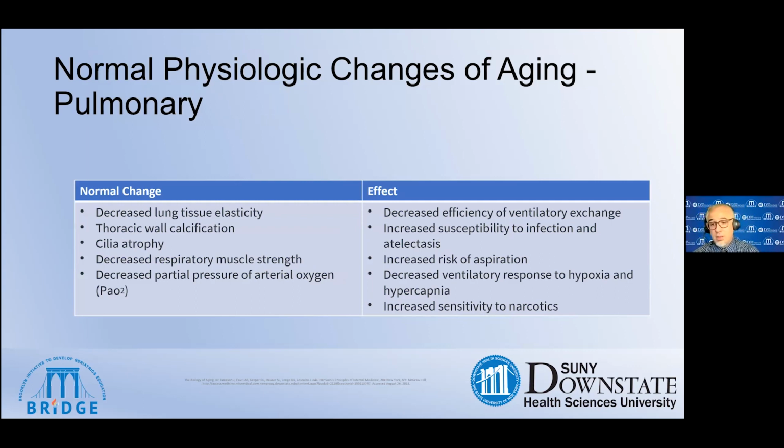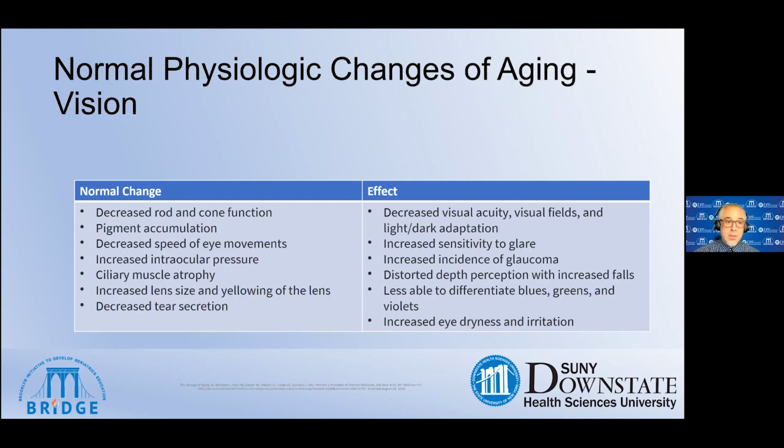We saw this in particular this past 18 months or so, heartbreakingly. And there can be an increased risk of aspiration and a decreased ventilatory response to hypoxia and hypercapnia. And of course, corresponding increased sensitivity to narcotics, which could affect pulmonary function.